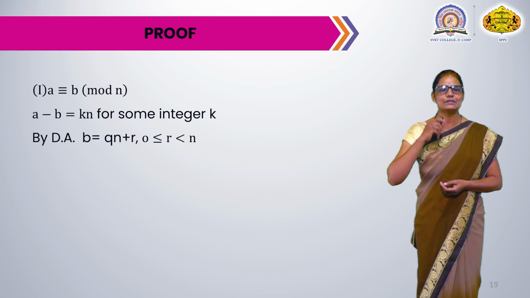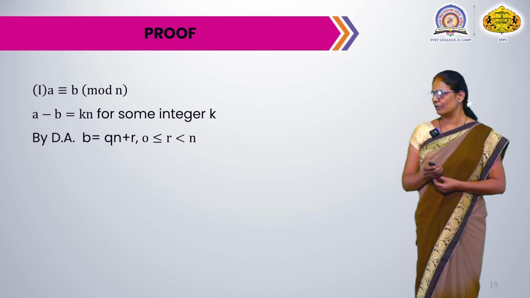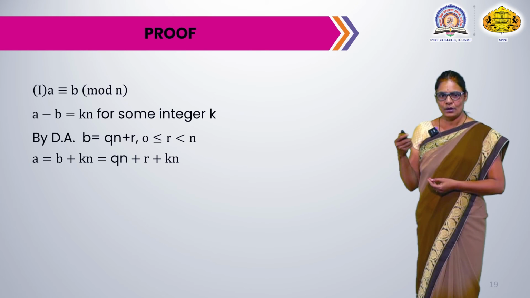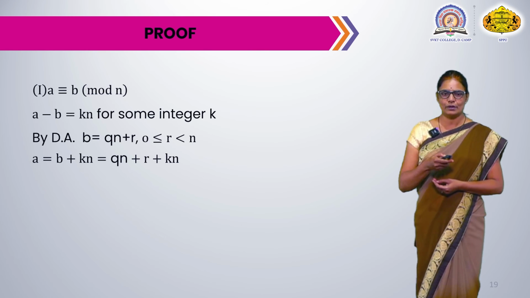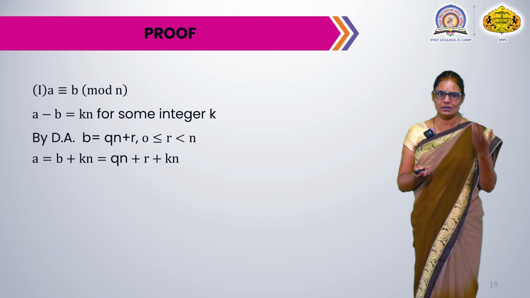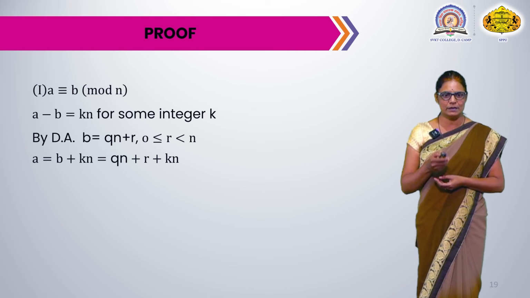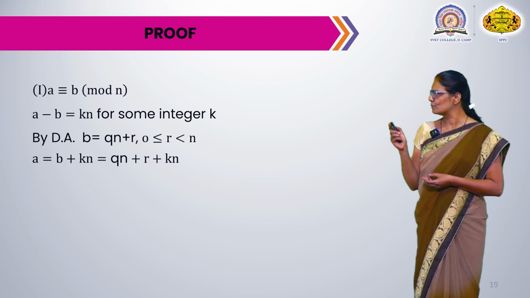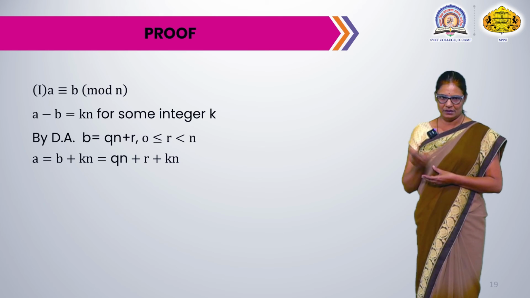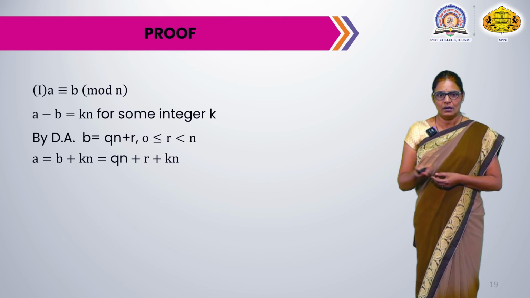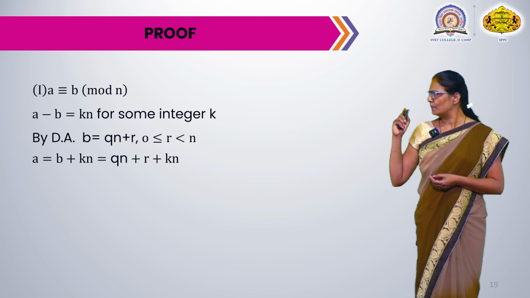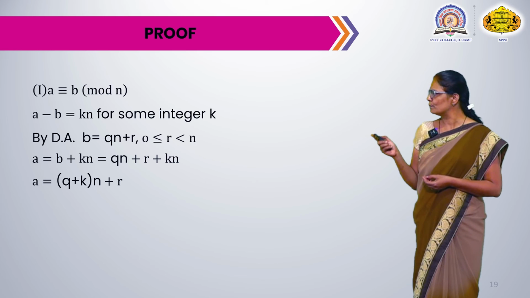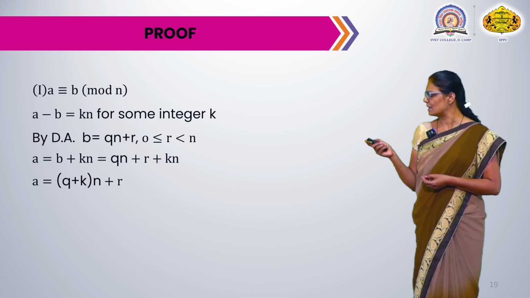Now put the value of this b in the above equation. We directly put a equals b plus kn by the above equation, and then put the value of b here. So a equals qn plus r plus kn. Combine the first and the last term: take n as common, so a can be written as q plus k times n plus r.